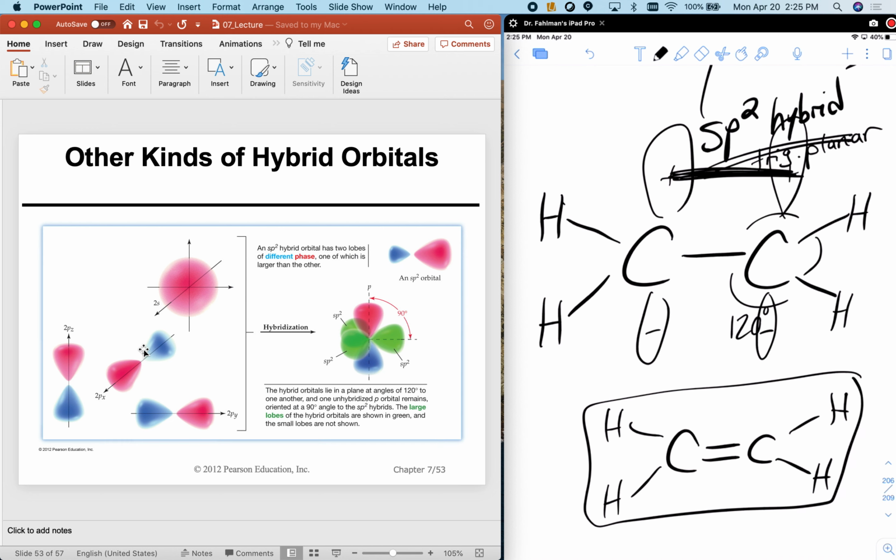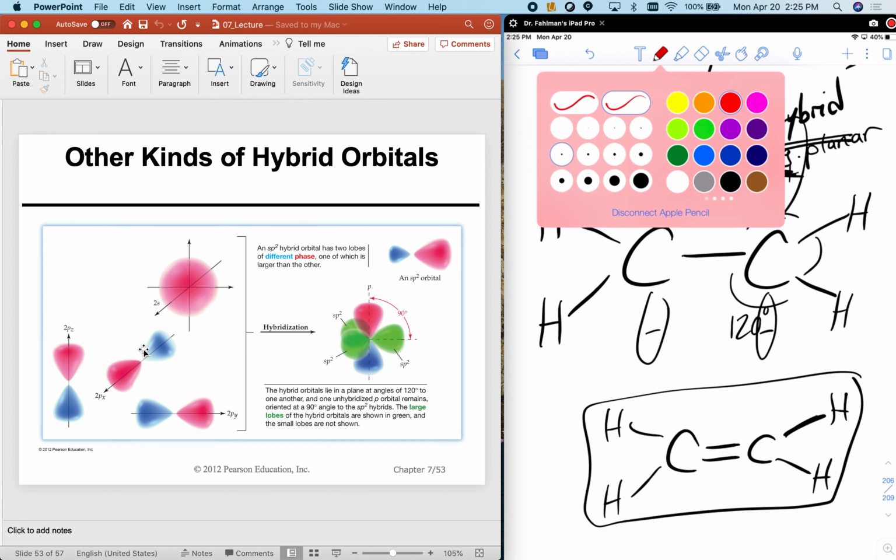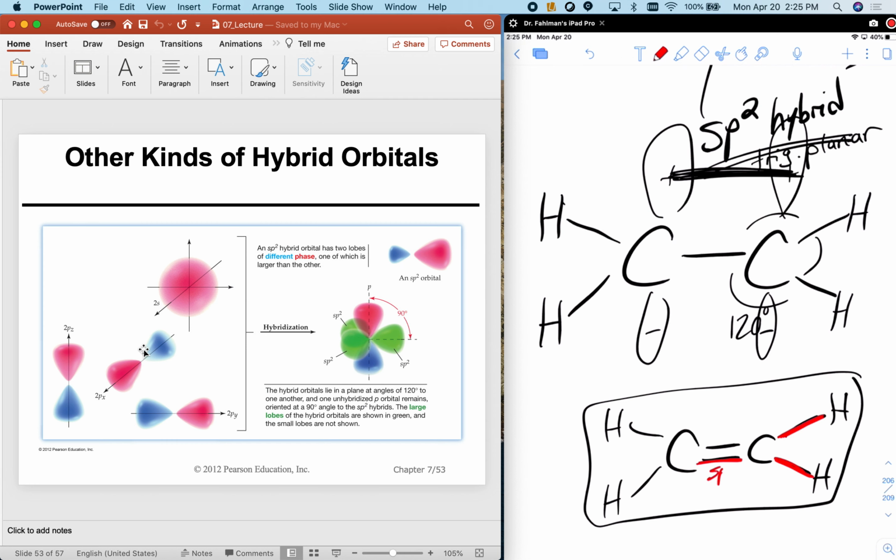If I color these here, this is your sp3, or sp2, sorry. So these are sp2 hybrid orbitals. This is formed from just p overlap between those carbons. You have that leftover p that can overlap, and that's where this double bond comes from.